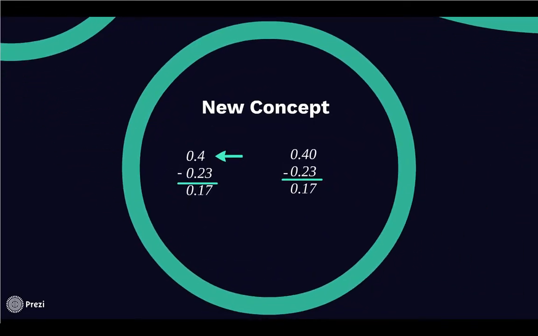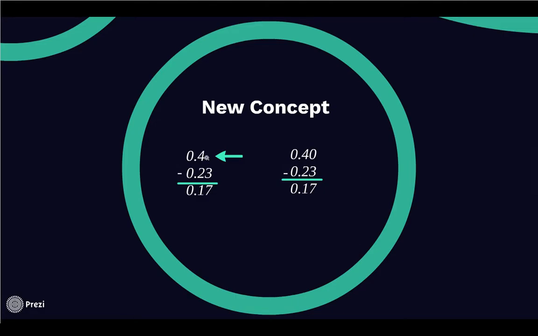Okay, here's our new concept. What we're doing today is subtracting decimals. If we were going to subtract 0.23, or 23 hundredths, from 4 tenths, or 0.4, you notice there's something absent that we need to address, which is a zero.